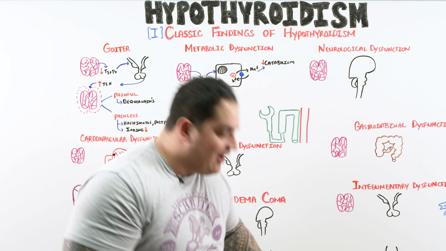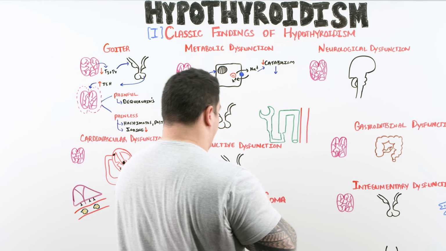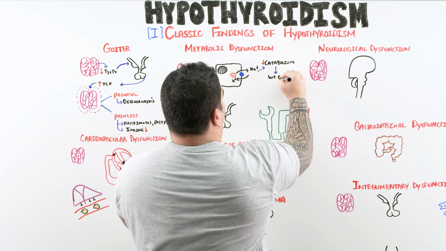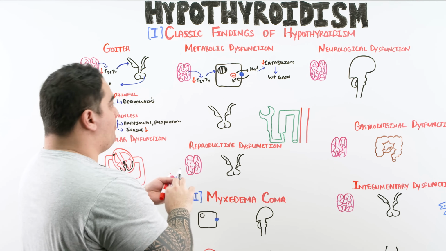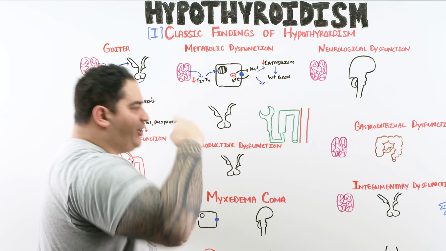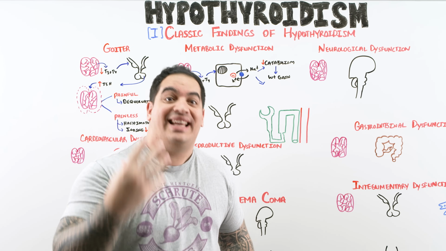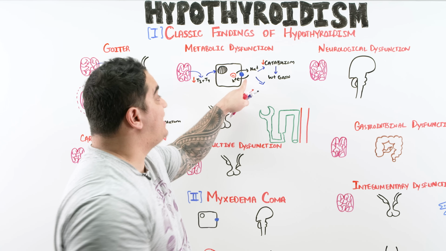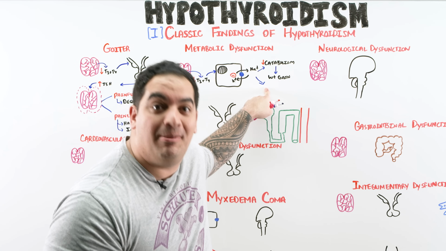No. Because of that, these patients oftentimes gain a ton of weight. All right, so weight gain tends to be a very common feature here. The other component is that whenever these sodium-potassium ATPases are helping to generate energy through these metabolic processes, you generate heat. But if you have decreased metabolism of these sodium-potassium pumps, you're going to be leading to decreased heat production.